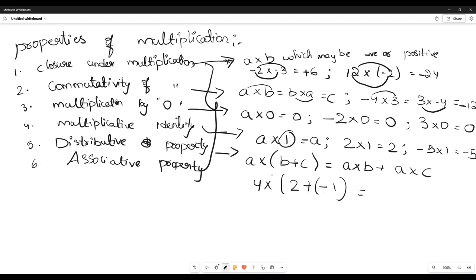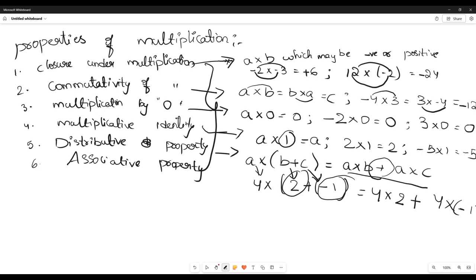How do we write? A is 4, B is 2, and C is minus 1. Let's write in this formula. A is 4, and B is 2, so 4 into 2 I wrote. Again it has an addition symbol, I wrote it. Again A, which is 4 into, what is the value of C? Minus 1.